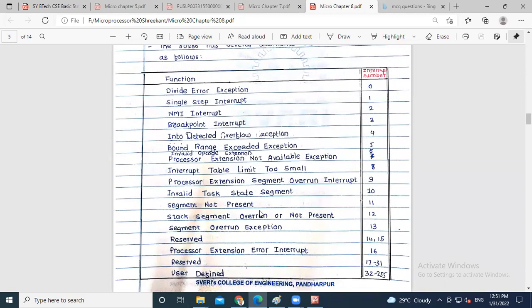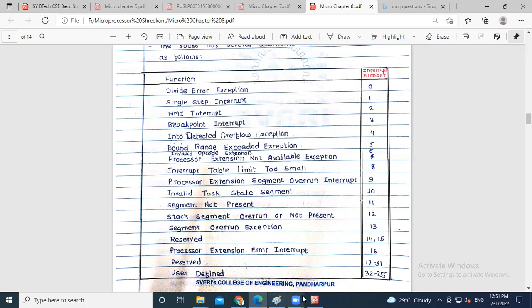Apart from the 80286, that is not possible in the 8086. The 80286 is used externally with the main processor. Here the 8086 is the main processor, and the 80286 is a co-processor supporting the main processor.